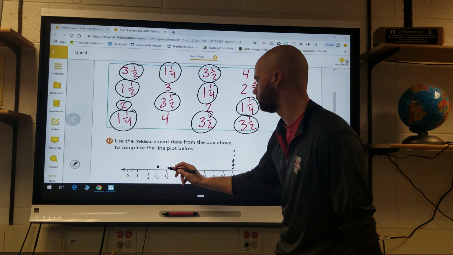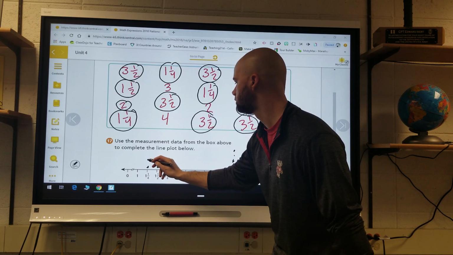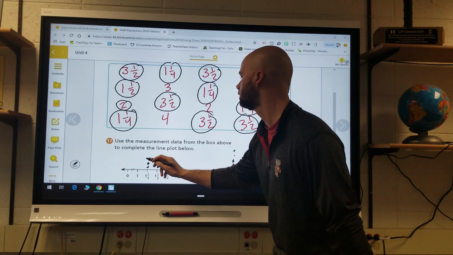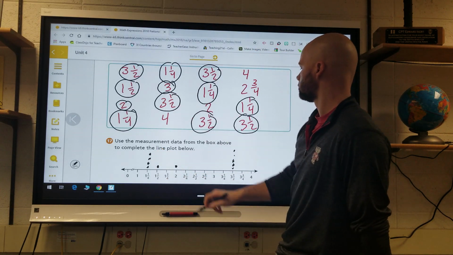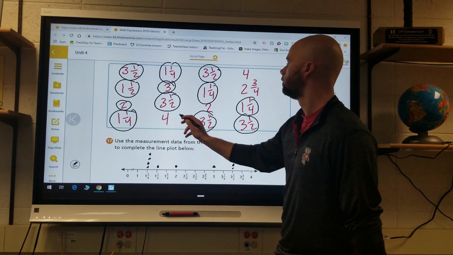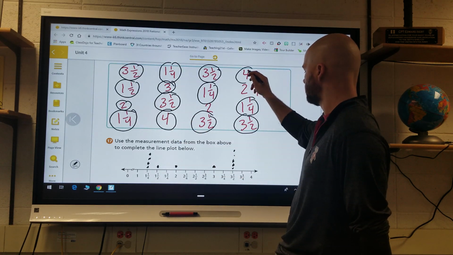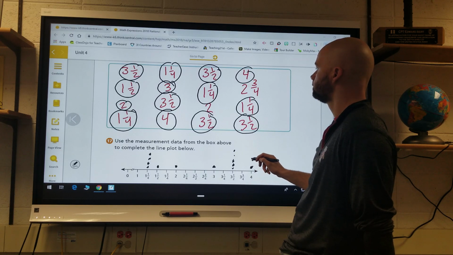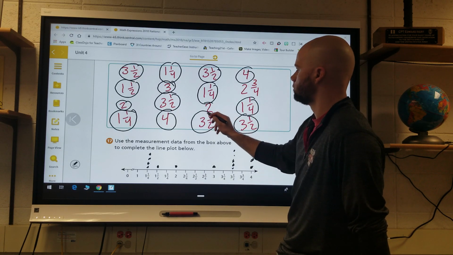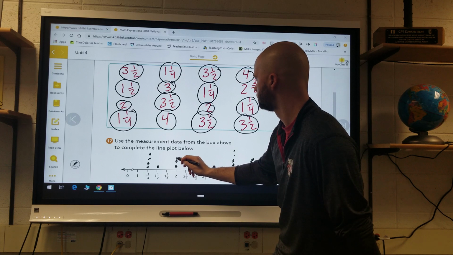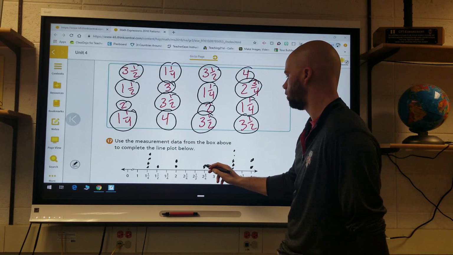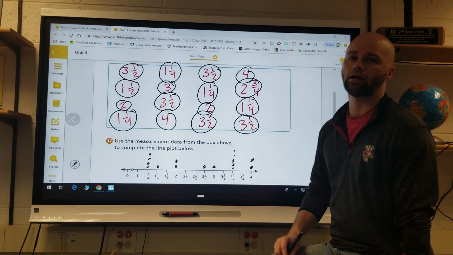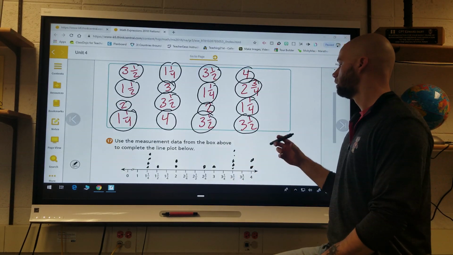Okay, so this one shows up 4 times. 3 shows up once. 4 shows up twice. So 1, 2. Oh, I missed a 2. Sorry. So we're going to add 1 to 2. And then 2 3/4 is our last one. So that's 1. So your line plot should look something like that. Okay. All right.